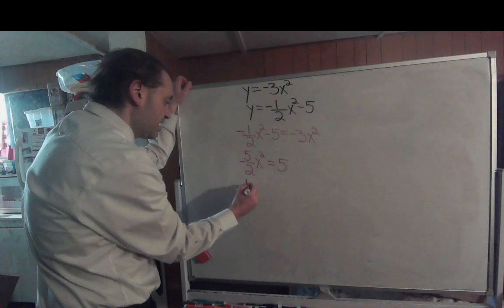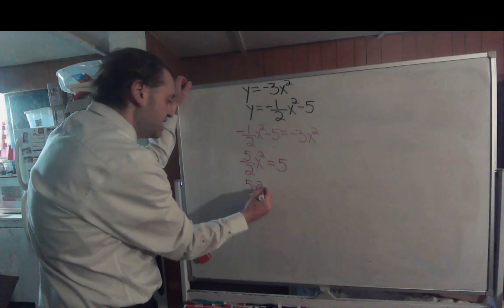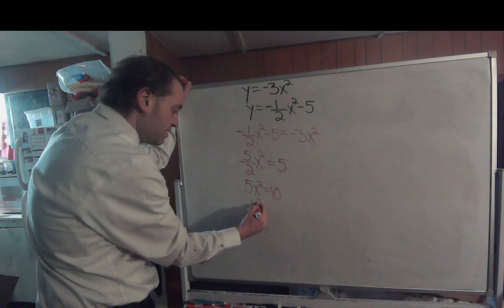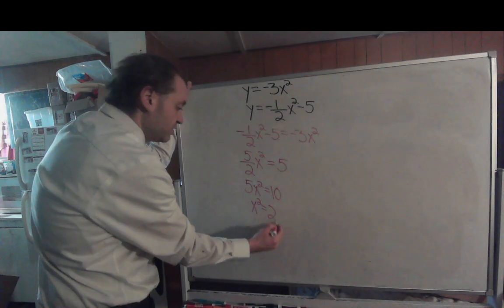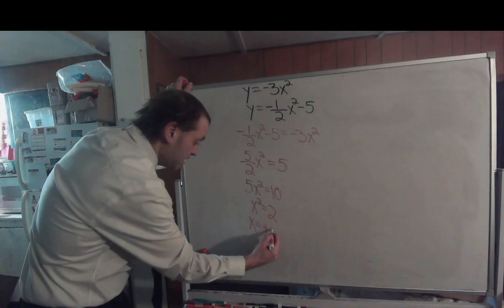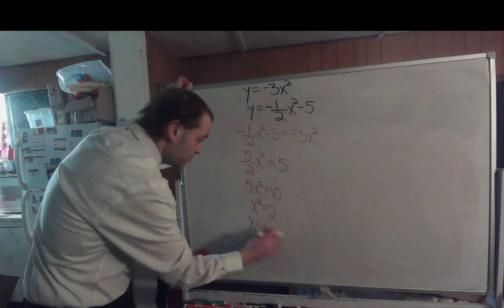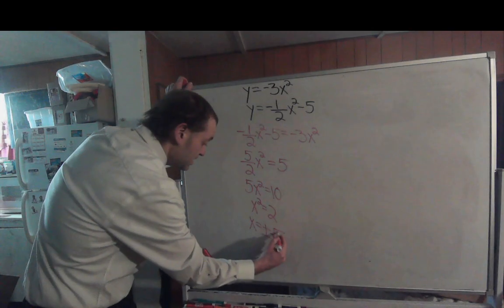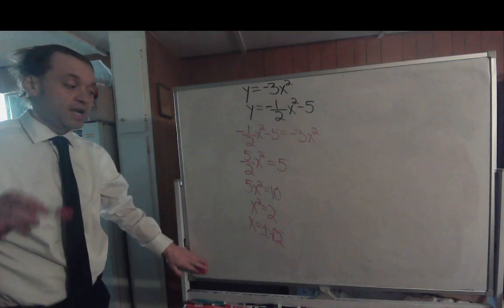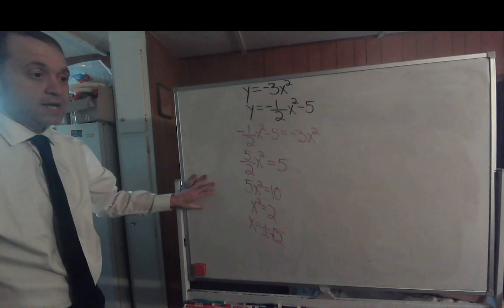Well, we'll get 5x squared equals 10, which would give us that x squared equals 2, which means x would equal plus and minus square root of 2. So we got 2 solutions for x, which means technically we're going to have 2 solutions for y.